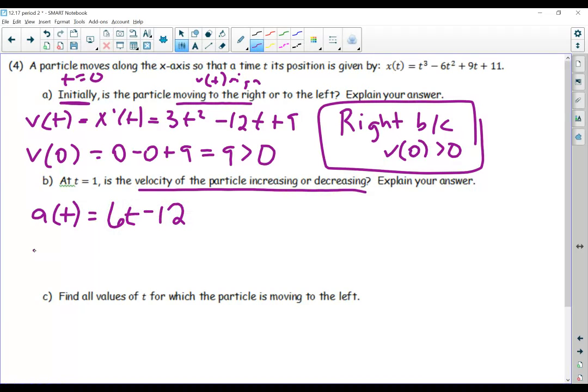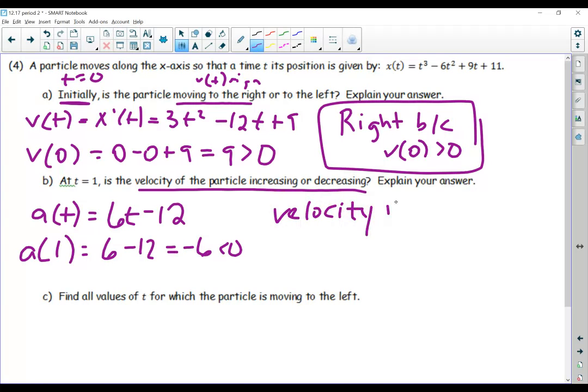If I figure out the acceleration at 1, I have 6 minus 12, which is negative 6, which is less than 0. So what does that tell me? The velocity is decreasing because a of 1 is less than 0.